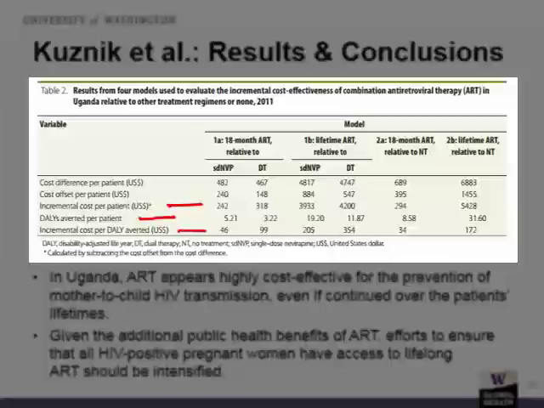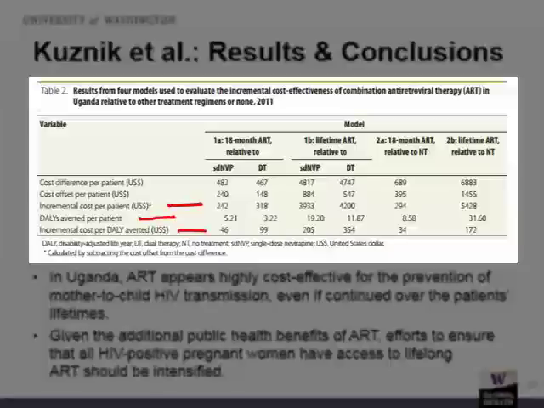As we said, DALYs are a bad thing, so you'll find studies which say that the ICER was measured in costs per DALY averted, and for QALYs it is costs per QALY gained. So in this study it was costs per DALY averted, which is also a cost utility measure.